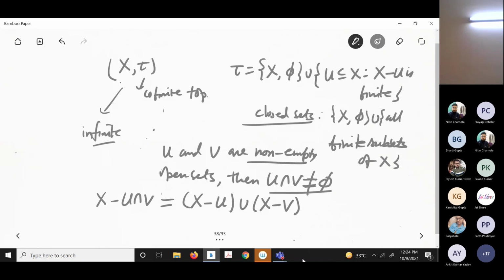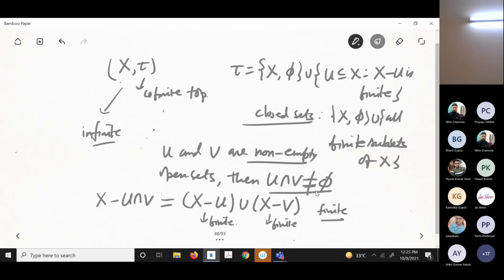Now by the definition of open sets here, it has to be finite. I am taking U non-empty, so U is not phi, so the complement can't become X. Even if U is equal to X, the complement will be the empty set, finite. Similarly, this is finite. Listen to the argument. You are getting a union of two finite sets, so on the right side you are getting a finite set.